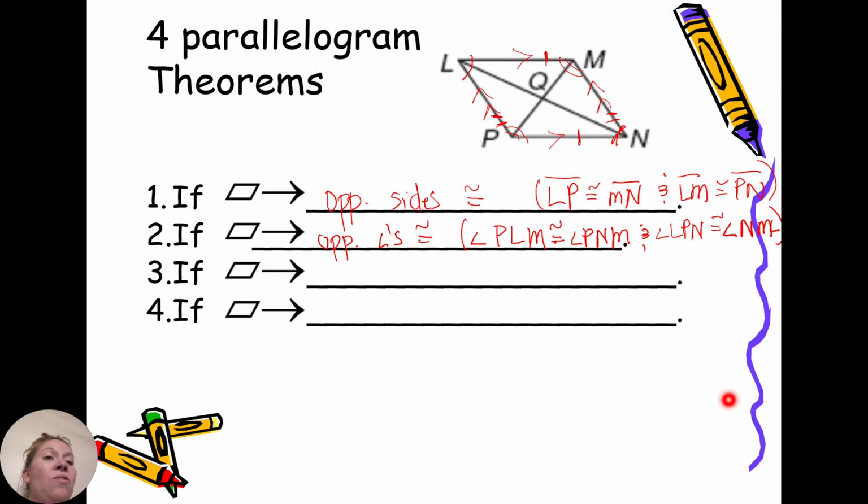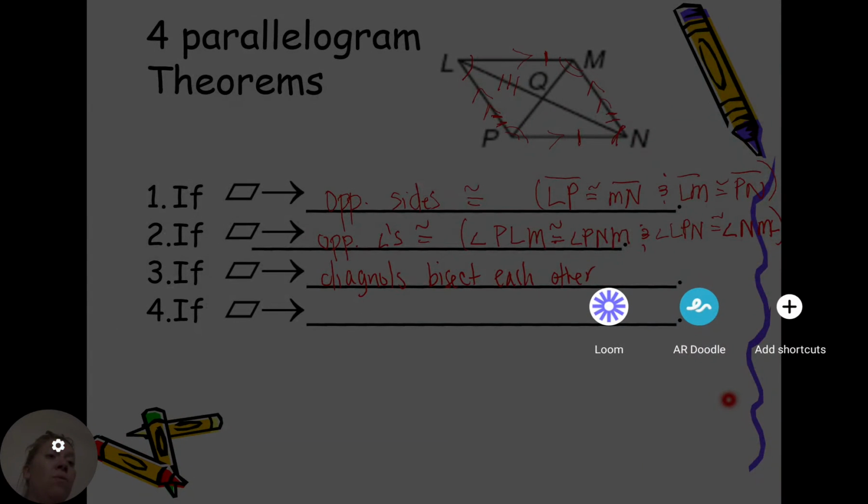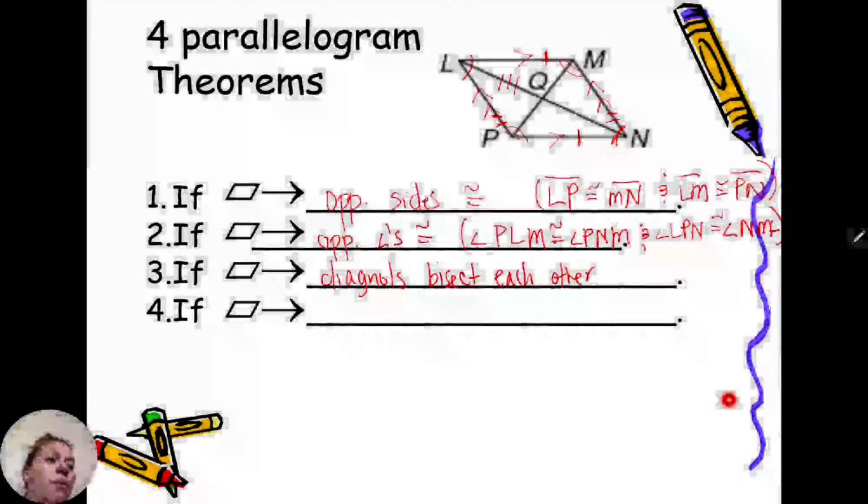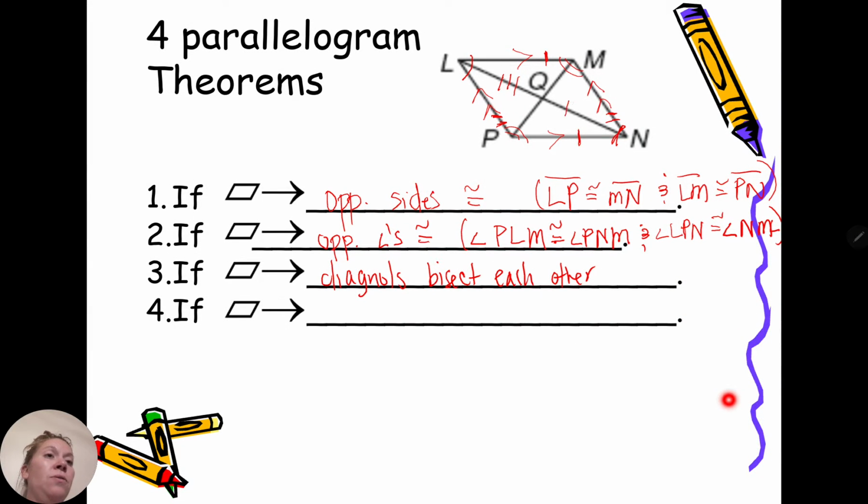We also know that the diagonals bisect each other. Right? So MP is a diagonal. It bisects the other diagonal, which is LN. So we can say that LQ is congruent to QN.